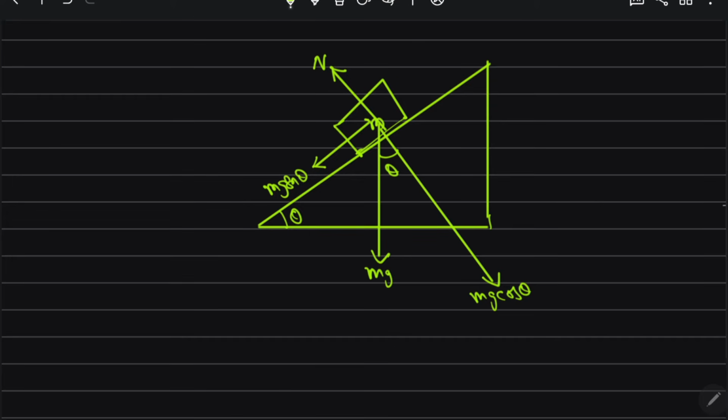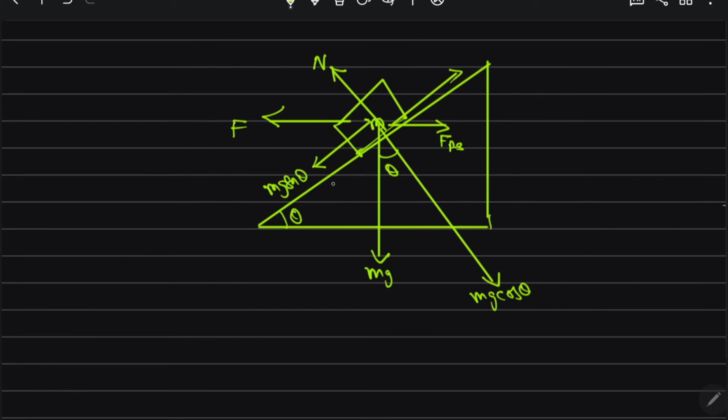And what is going to happen here? We are accelerating this wedge in the leftward direction, so the pseudo force on this block acts in this direction.